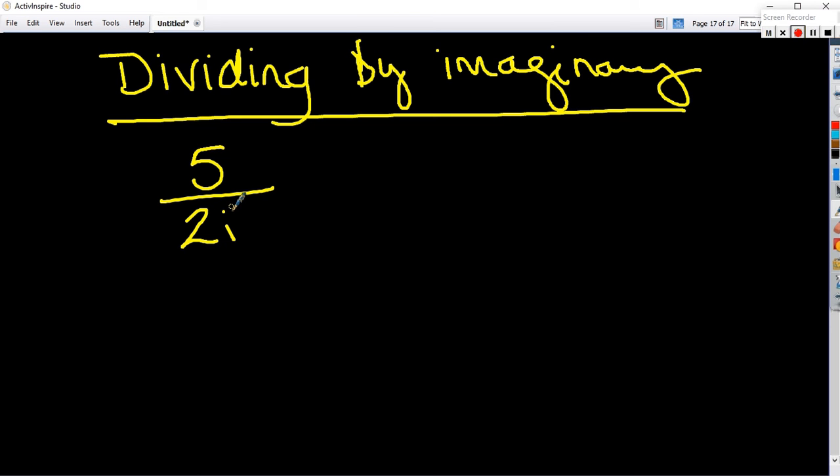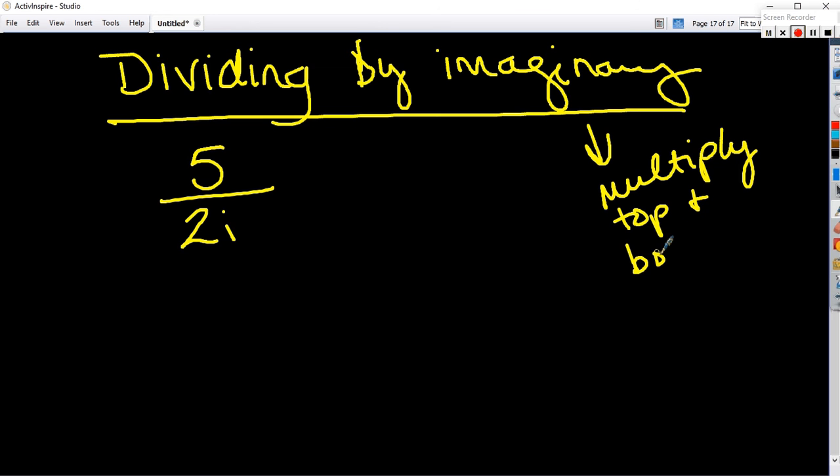You don't have to worry about the 2 in front, because that part doesn't have a radical on it. All you have to do is multiply the top and bottom by i.